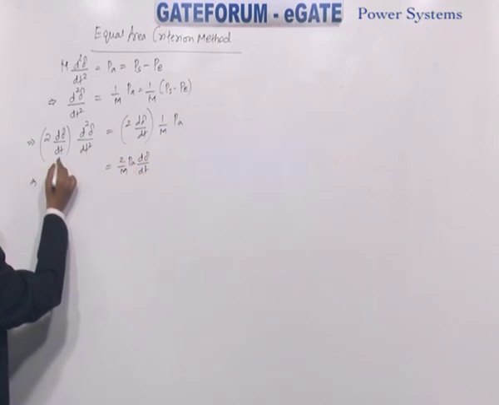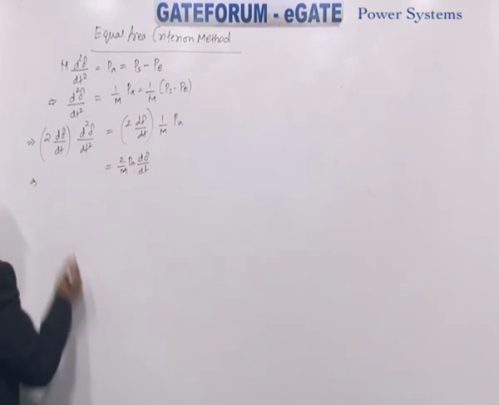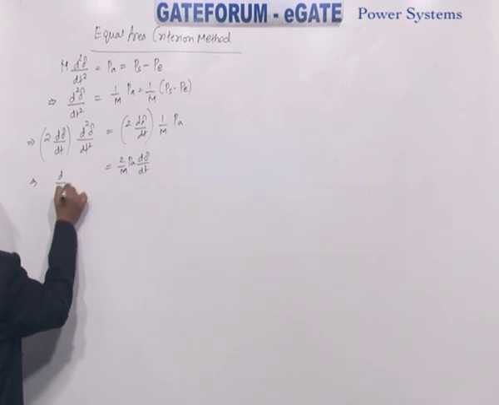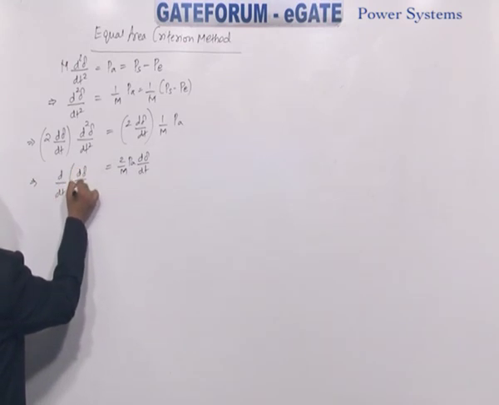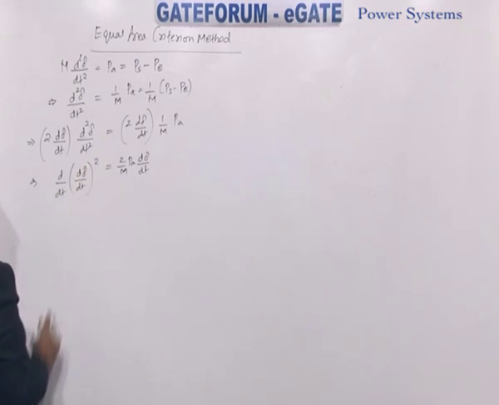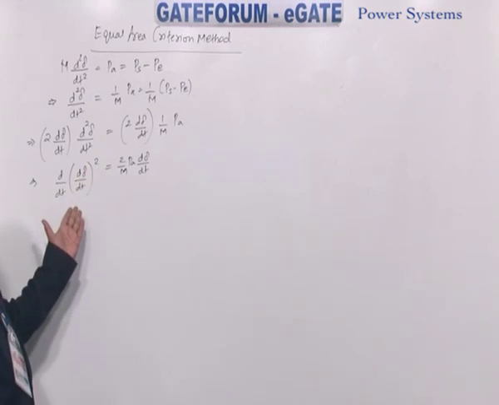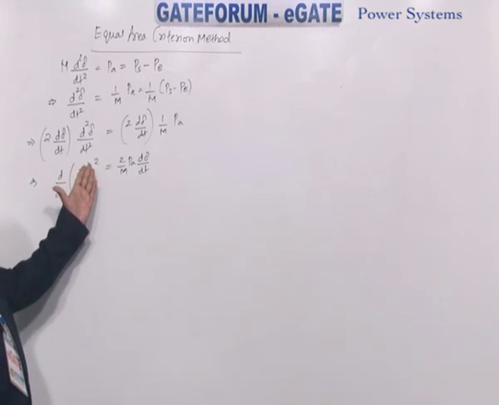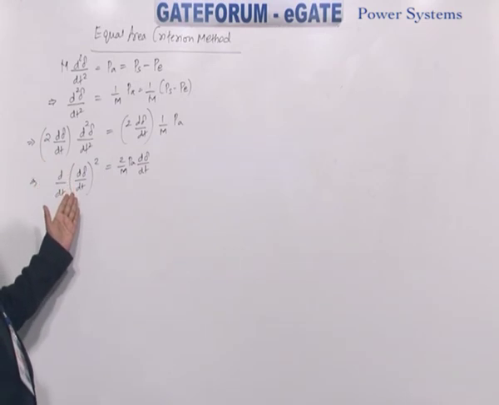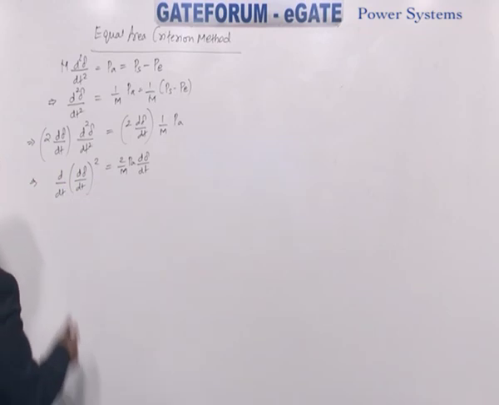Now how to represent this left hand side term? It is the derivative of d delta by dt whole square. On differentiating this you get 2 times d delta by dt times d square delta by dt square.